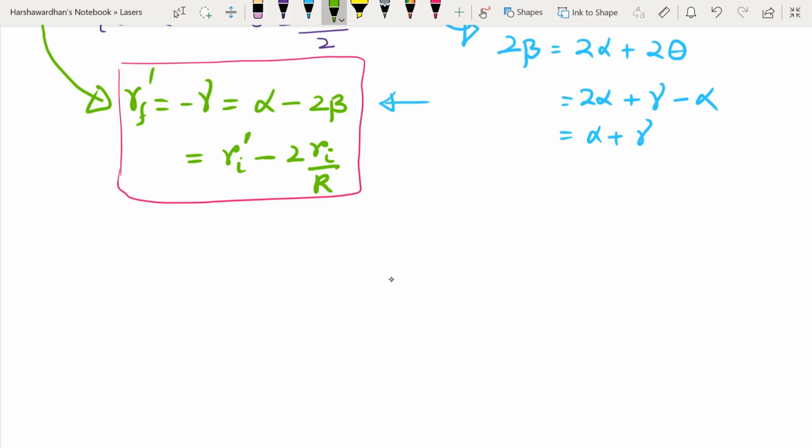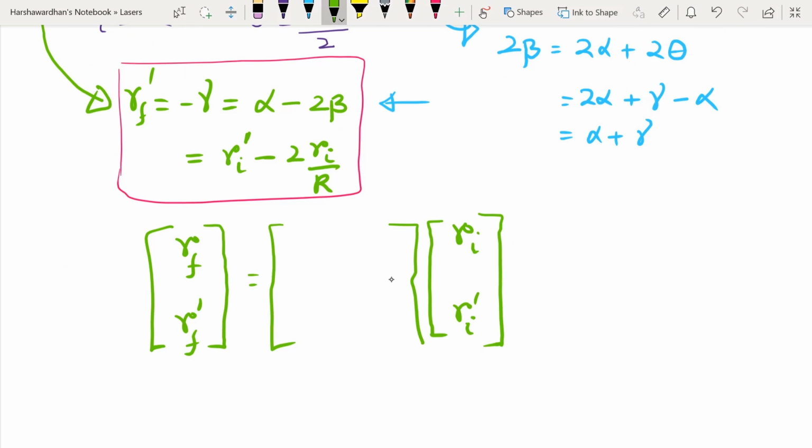So what I have is Rf, that there is little change in the displacement, whereas this can be written as minus 2 over R, where R is the radius of curvature of the lens, and that is the ABCD matrix for a mirror.